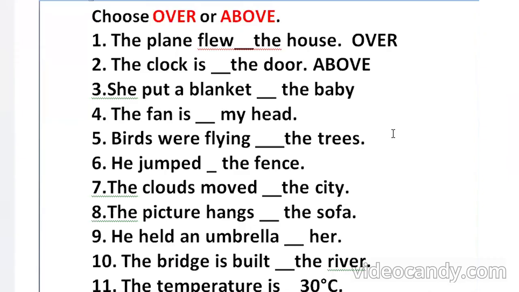She put a blanket blank the baby. Over. She put a blanket over the baby. The fan is blank my head.